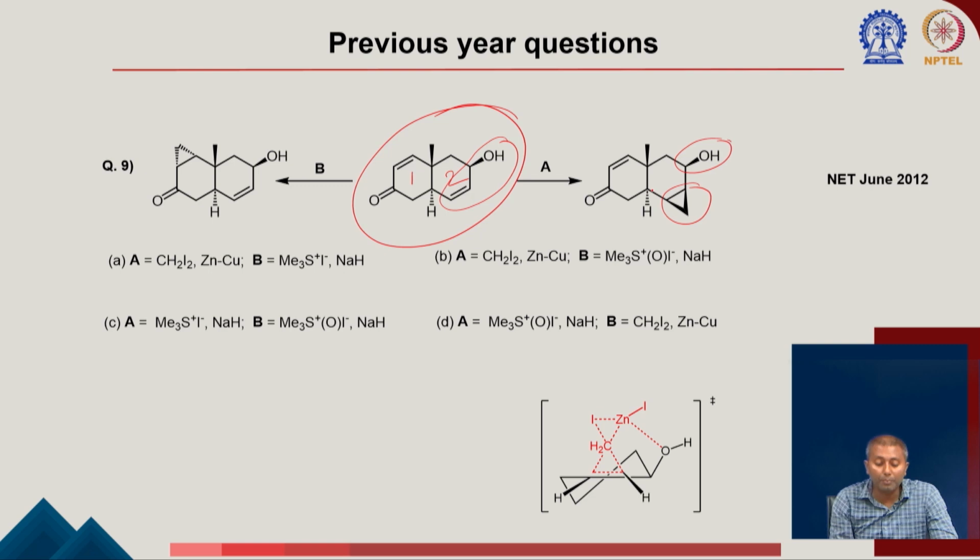And if you go to the B, now the cyclopropane formation is happening in the ring number 1, and here the double bond is forming the corresponding cyclopropane, and that is also happening on the other side of the methyl. If the methyl is up, cyclopropane happens from the bottom side.